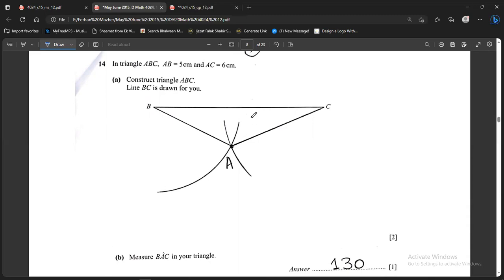This is a 5 centimeter arc. Then I will open my compass 6 centimeter, and by taking C as the center, I will draw this arc. This arc is of the radius 6 centimeter. Where these two arcs intersect each other, that is the point A. Then I will join B with A and A with C.